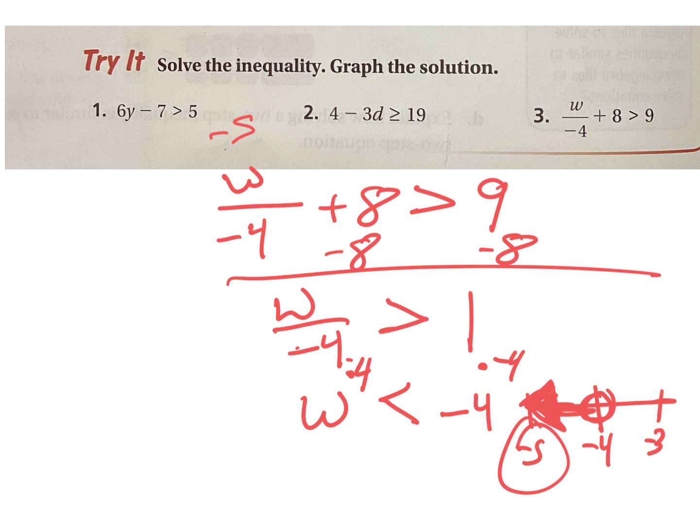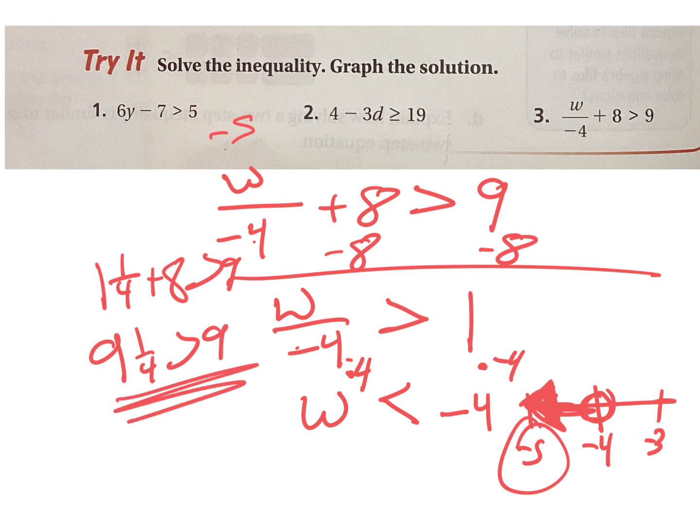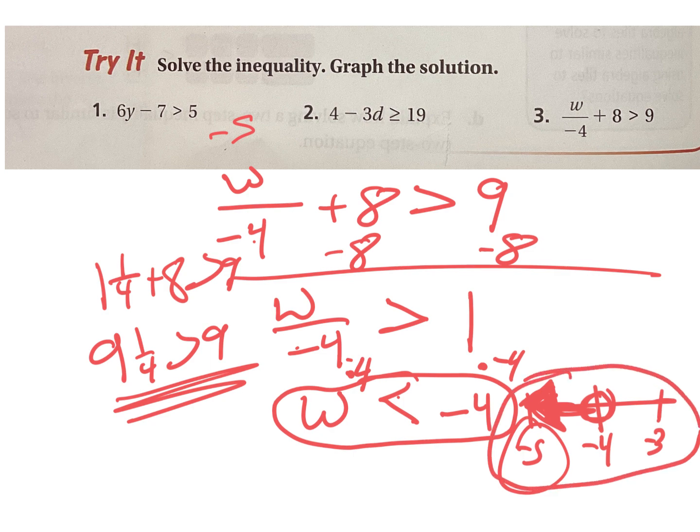If I change the W for negative 5, negative 5 divided by negative 4 is 1 1/4 plus 8 greater than 9. Is 1 1/4 plus 8? That's 9 1/4 greater than 9. Sure is. So my solution is this. The graph is that.